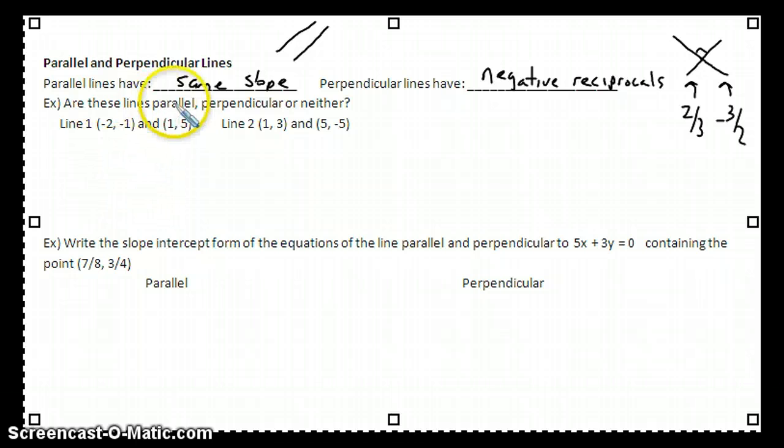So if I ask you to answer the question, are these lines parallel, perpendicular, or neither, all you have to do is find the slope of both of the lines. So if I want to find the slope of line 1, we'll call it m1, and then I'll find the slope of m2. You're going to take the y values, negative 1 and 5, and subtract. And the x values, negative 2 and 1, and subtract.